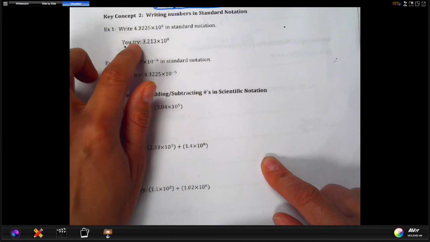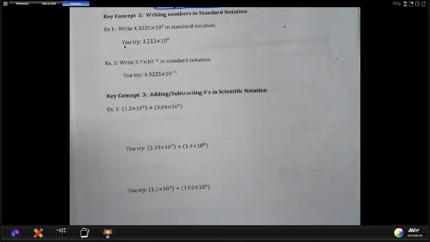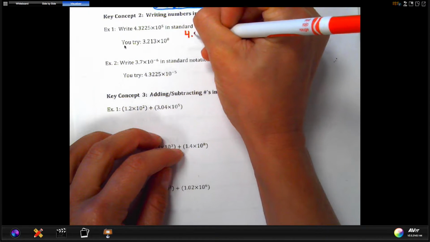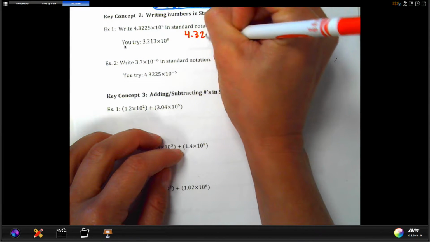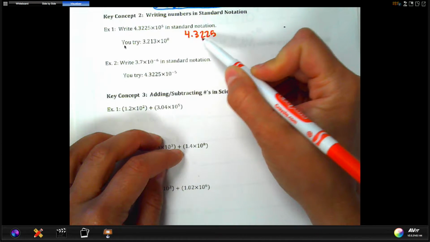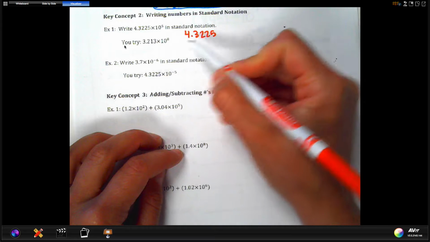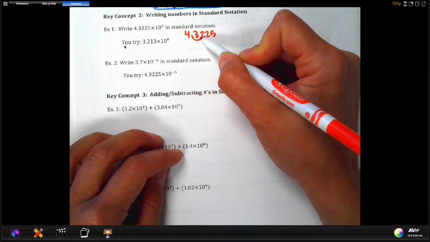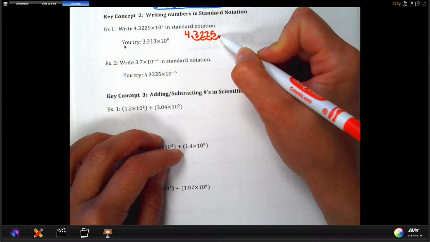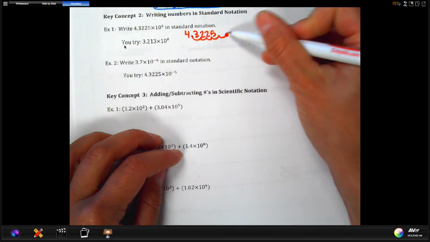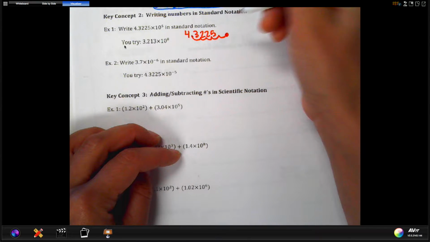I will write my decimal that they give me, 4.3225, and now I'm going to move this 5 spaces. To make this a large number, I'm going to move this out to the right 5 spaces. So 1, 2, 3, 4, 5, and that's where my decimal lands. Now there's a blank space, and in the blank space we want to put a 0.